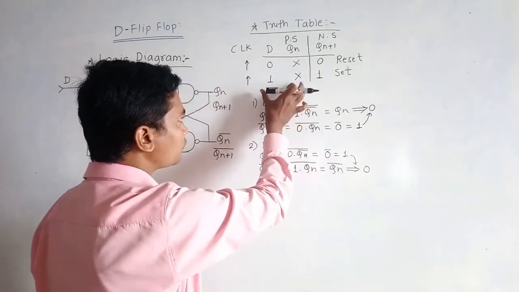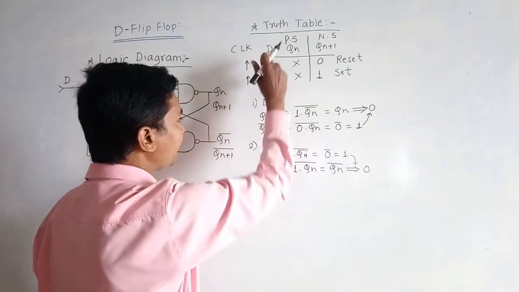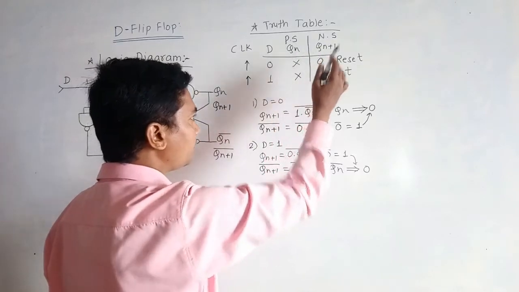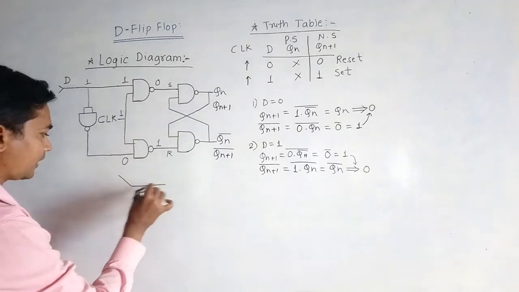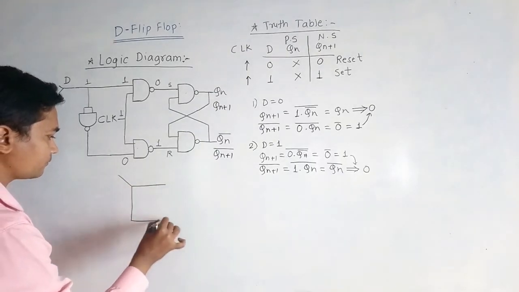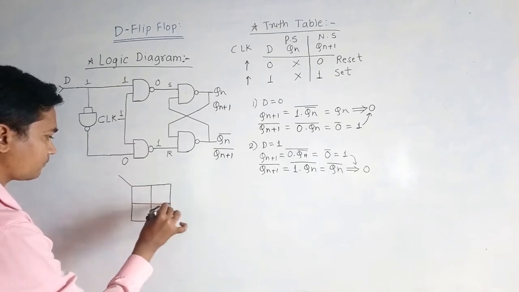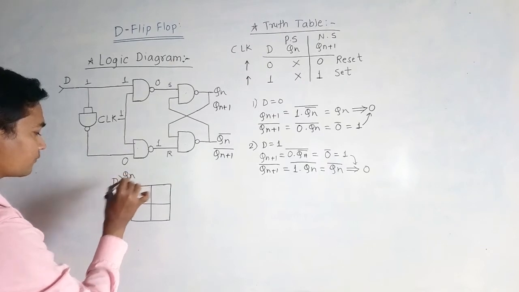So how many inputs are provided here? Two inputs. The first input is D, and the second input is Qn, which will affect the Qn plus 1. So we will draw the two input K-map. First input is D and second input is Qn, right?